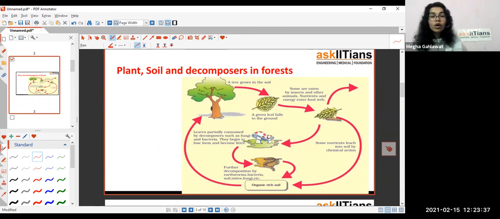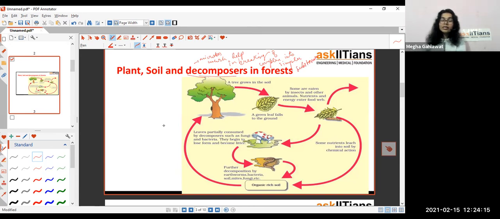Decomposers are the microorganisms which help in breaking down complex substances into simpler substances.